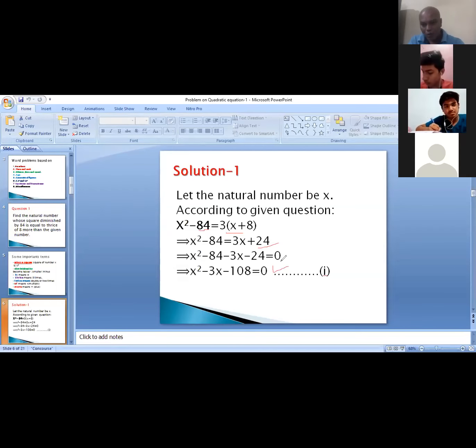You know how to solve this equation. Now solve it and show me. Either middle term split or formula. Any of you do it?